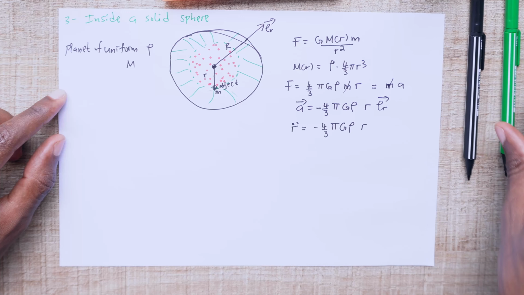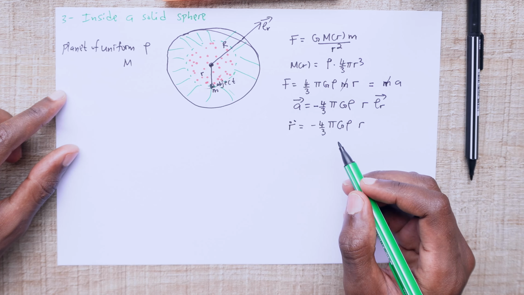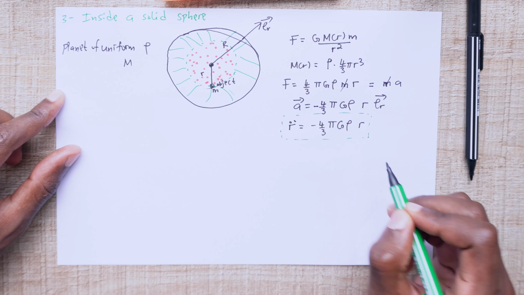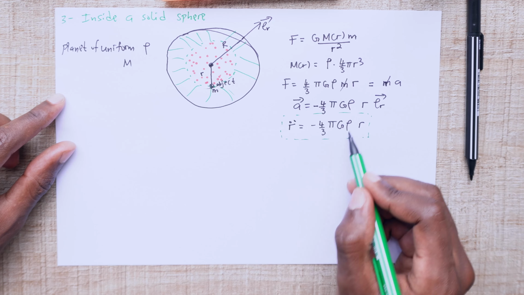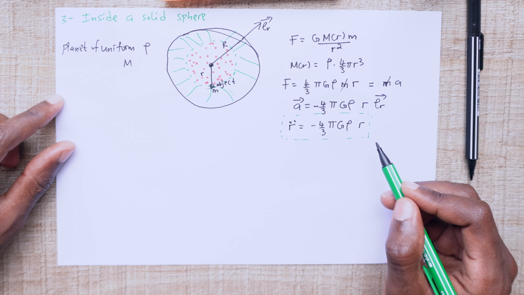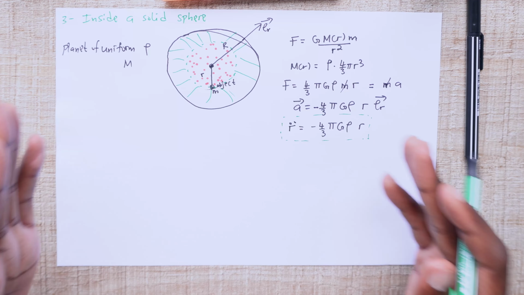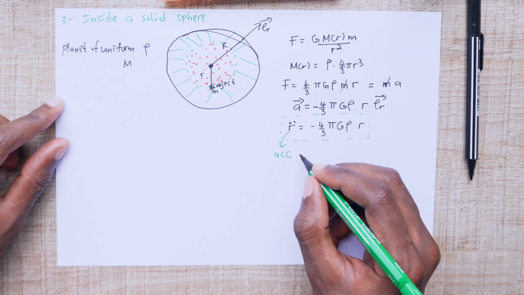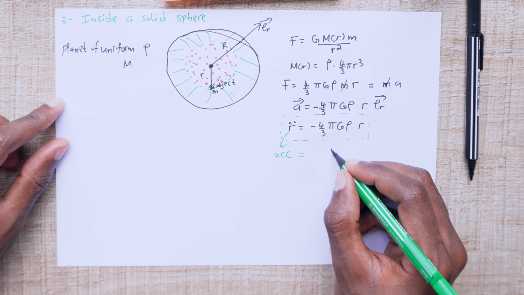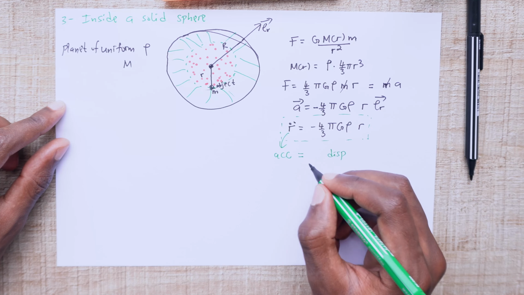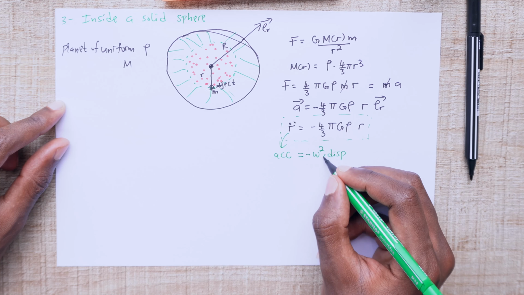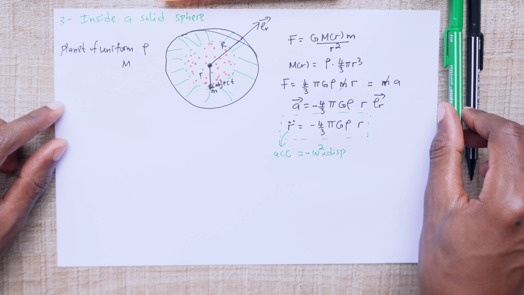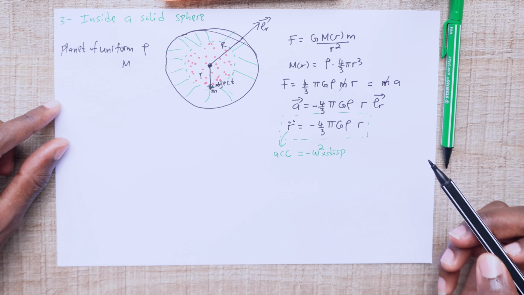Okay. And this result is very interesting because if you look at it keenly, it might remind you of something. This is actually the equation of motion of a body that undergoes simple harmonic motion. A body undergoing simple harmonic motion has an acceleration, this represents the acceleration, that's proportional to its displacement, and the constant that links them is just negative omega squared. So this expression is the equation of motion for a body undergoing simple harmonic motion.